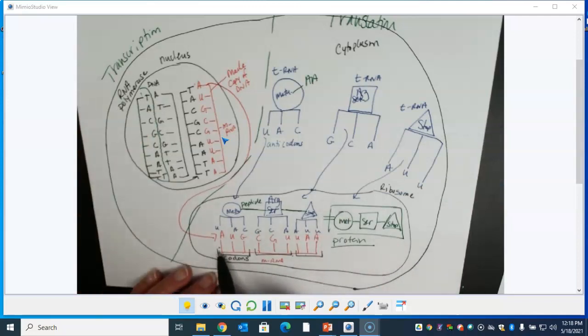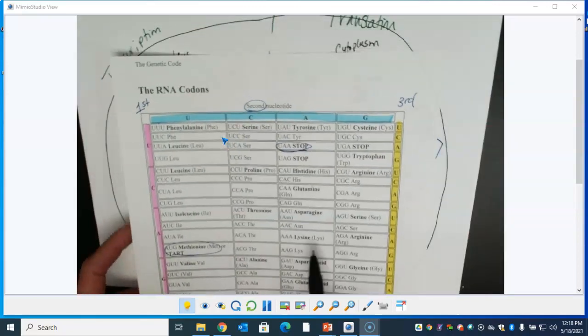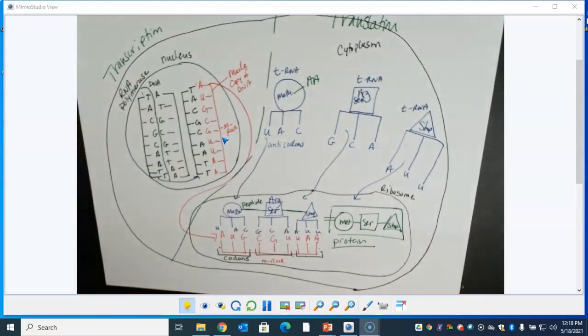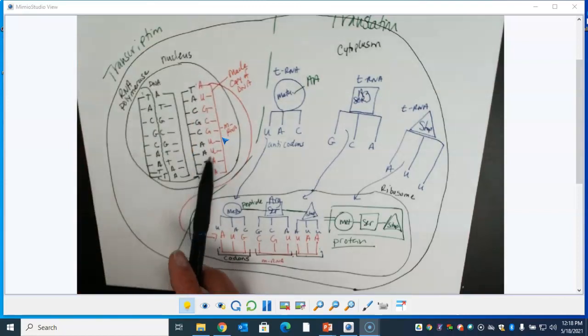So the ribosome reads these codons, and if we know what these codons are, we know what amino acids our anticodons, or our transfer RNA, are going to bring in. And that's translation and that's transcription. Transcription is the copying of the DNA material by messenger RNA. The messenger RNA then moves into the ribosomes.